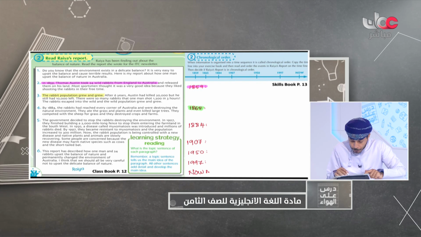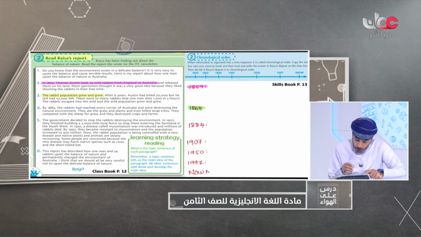Okay, what happened in 1865? It's written here. Okay, what happened? But there is nothing. We have here 1884, which is this one, but we don't have anything between 1865. How can we identify that? And I told you that reading text needs your analysis and your understanding.